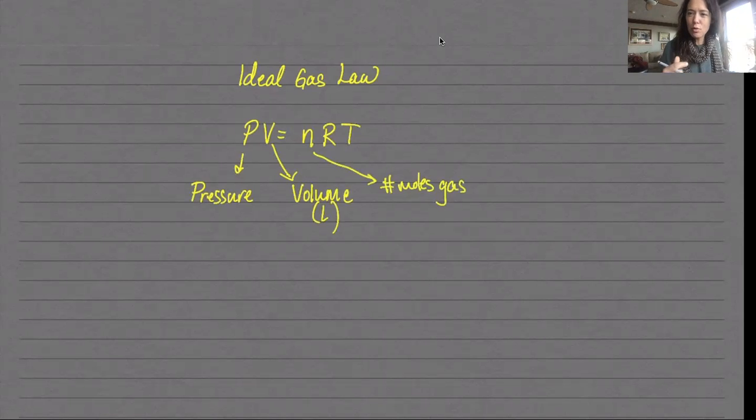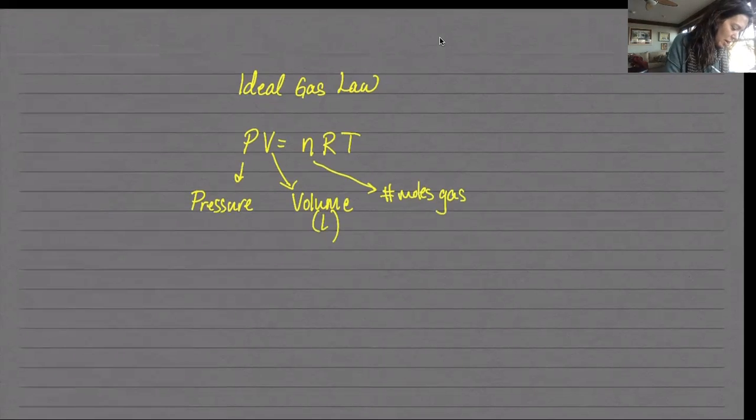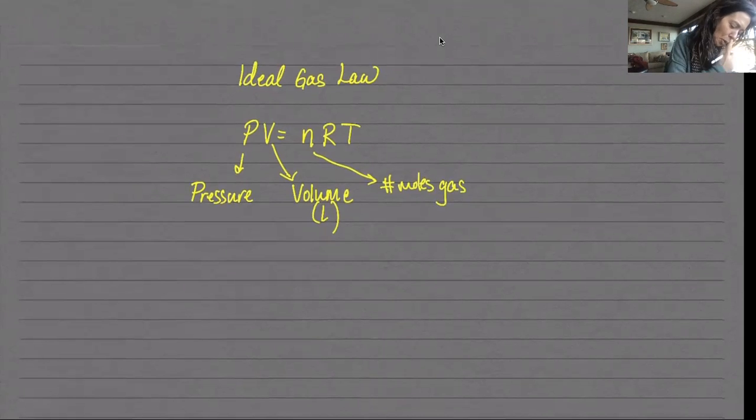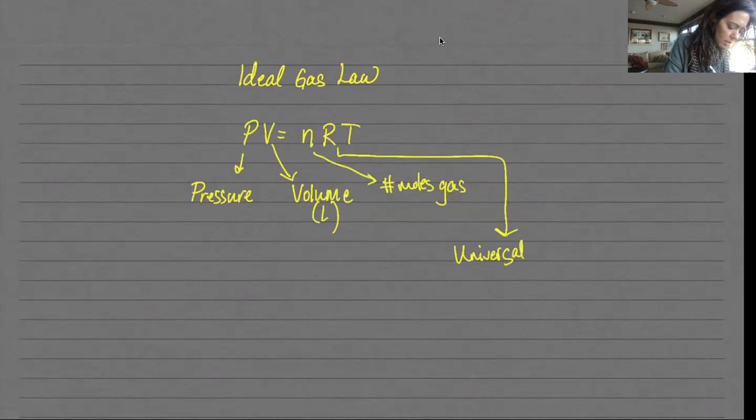You can't plug moles of solids or liquids in here. R, we will get to. This is our universal gas constant, and we need to discuss that a little. And then here we've got our temperature, which once again must be in kelvins.